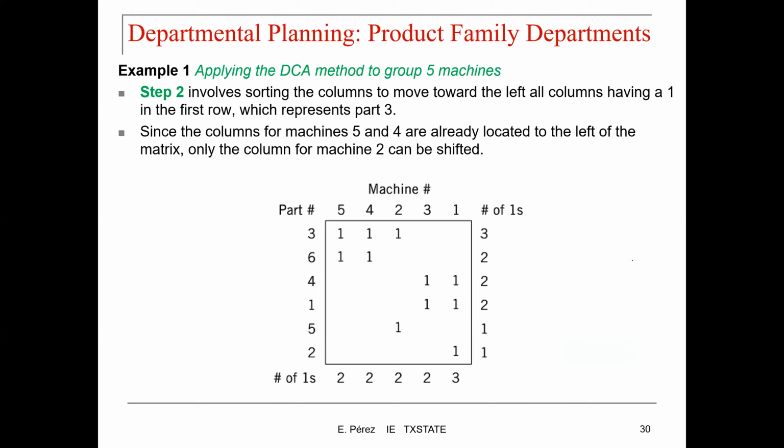Step 2 involves sorting the columns to move toward the left all columns having a 1 in the first row, which represents part 3. Since the columns for machines 5 and 4 are already located to the left of the matrix, only the column for machine 2 can be shifted.